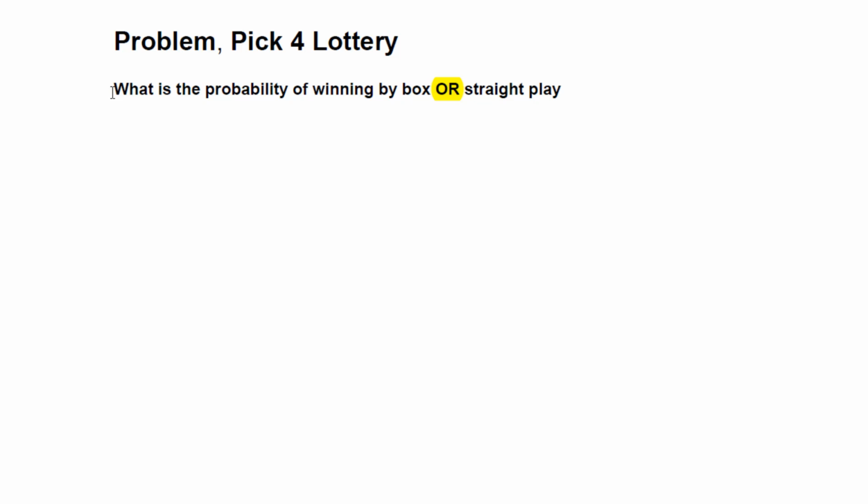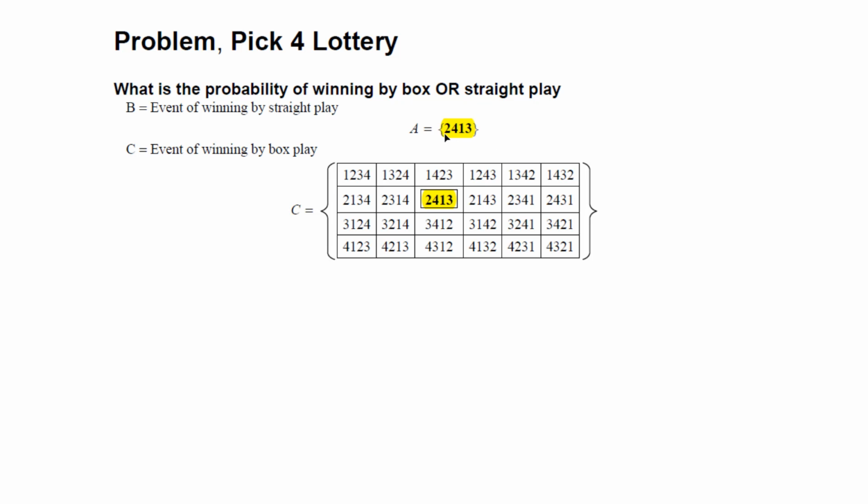Now the question is, what is the probability of winning by box or straight play? So let's assume we are playing these 4 different digit numbers, and we can arrange them in 24 ways according to the box play. We need to win either one. So how many possibilities do we have here?